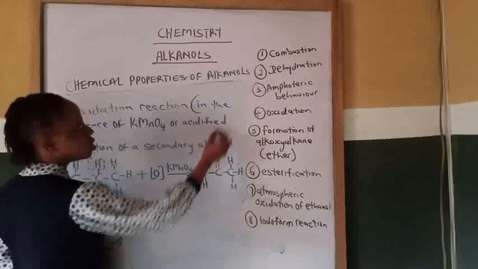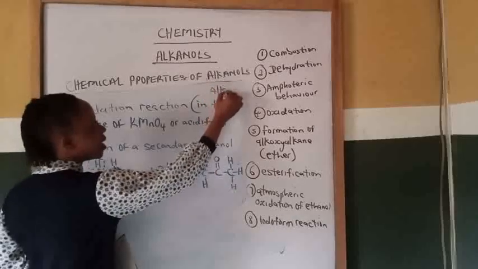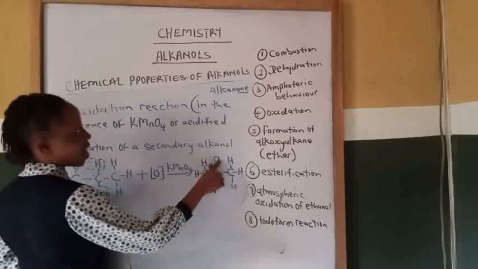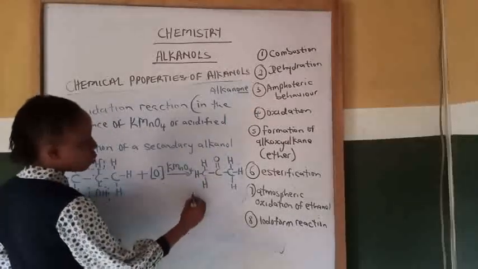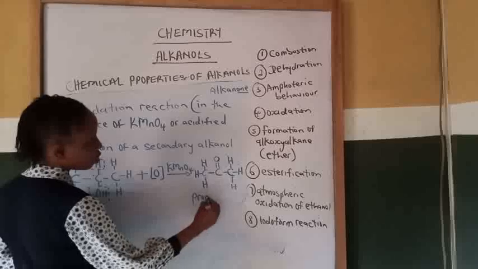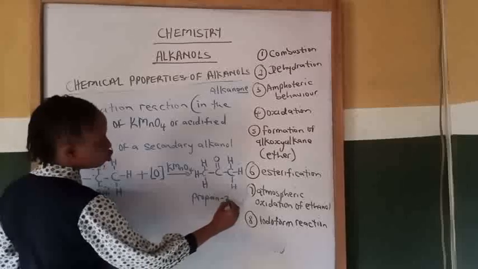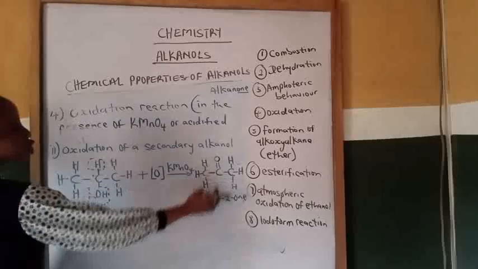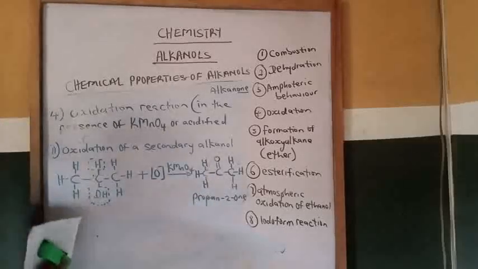CO is your one under alkanone. The one is on the second carbon atom, so you call it propan-2-one. So the name of this structure is propan-2-one.